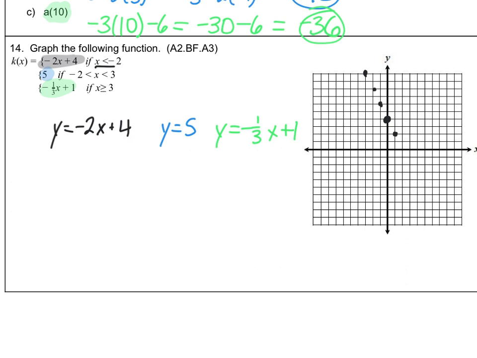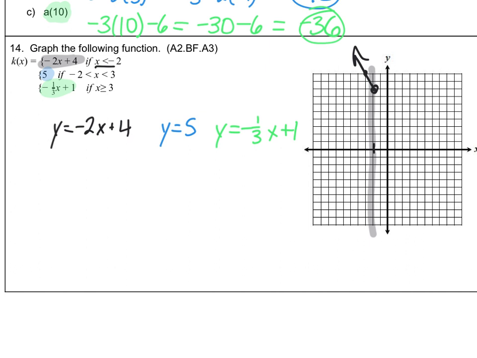But I only need that for when x is less than -2. So if I go on my x-axis to where x is at -2, I only need to be left of that line. And then I can erase the rest. Yep, and it does have an open dot.